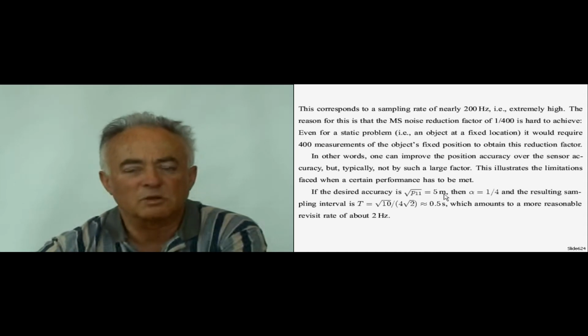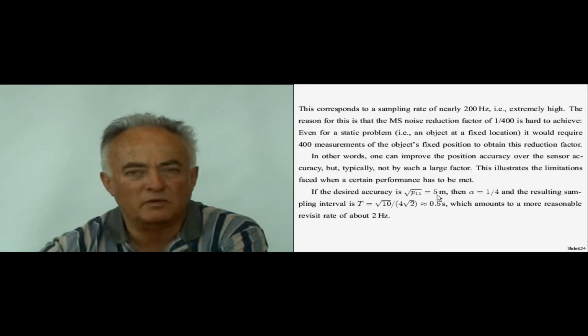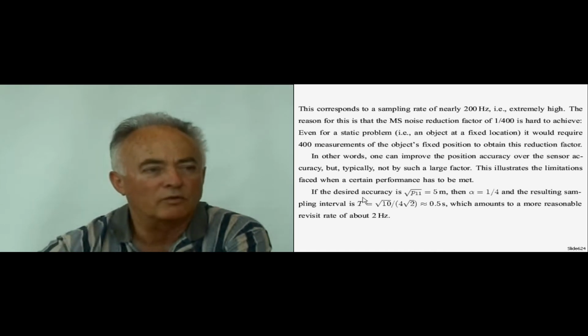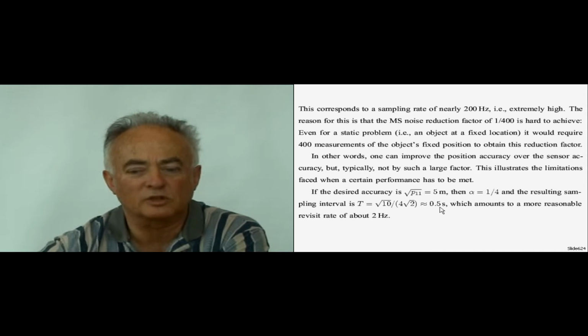This is an RMS reduction from the 10-meter measurement standard deviation by a factor of 2, a mean square reduction by a factor of 4. Therefore, I would have to use a filter for which alpha is 1/4 is the optimal, so I have a T of about half a second, which is reasonable.